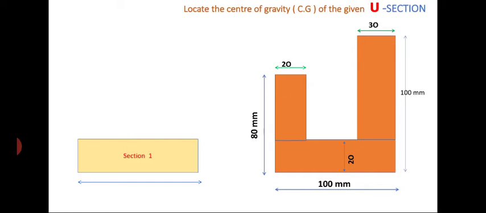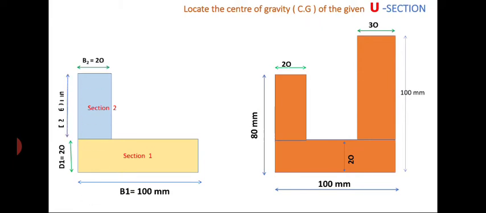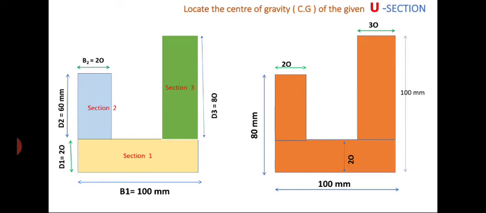First of all, the given section is split up into three rectangles. Section 1: b1 equal to 100 mm, d1 equal to 20 mm. The second rectangle is base b2 equal to 20 mm and d2 equal to 60 mm, and the third rectangle is d3 equal to 80 mm and b3 equal to 30 mm.